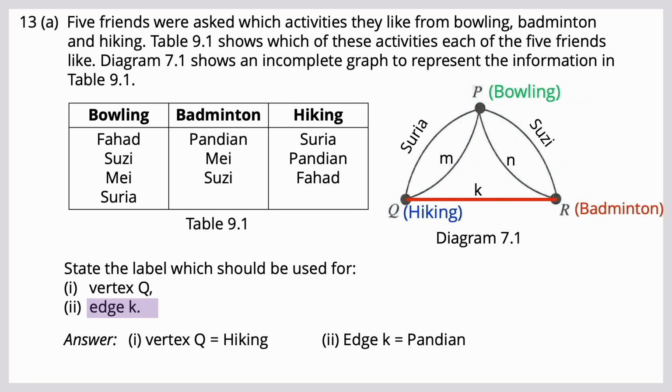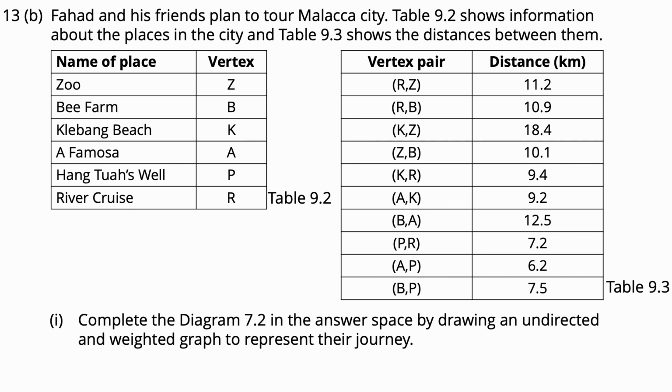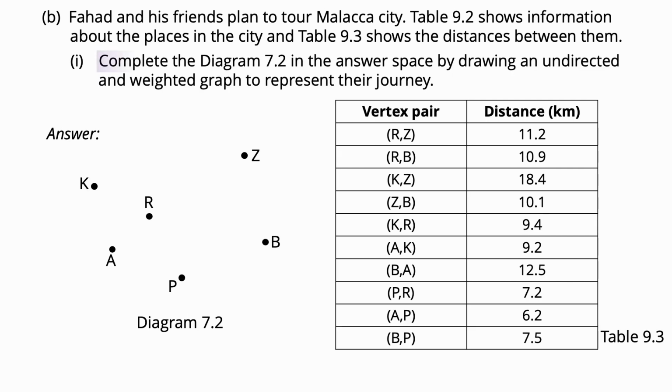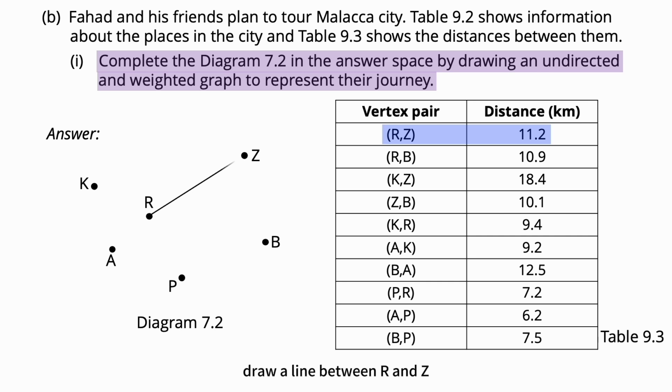B1. Complete the diagram 7.2 in the answer space by drawing an undirected and weighted graph to represent their journey. R to Z. Draw a line between R and Z. Label it 11.2.